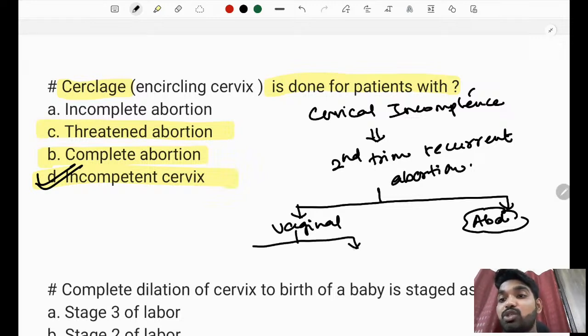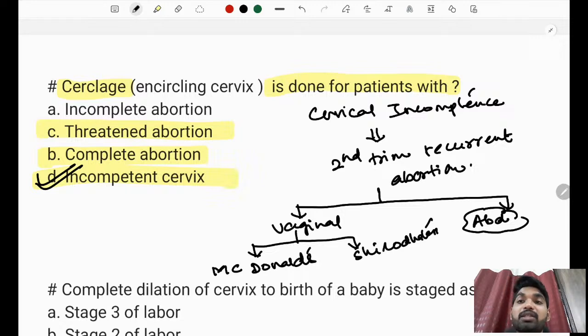By two methods you can do vaginal cerclage: one is McDonald's encerclage and Shirodkar encerclage. The most commonly done nowadays is McDonald's vaginal cerclage.